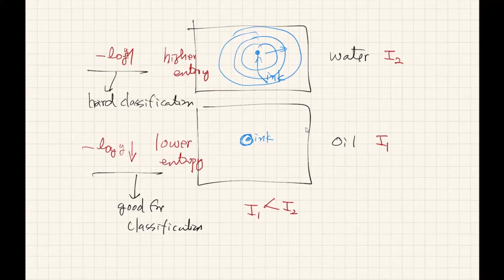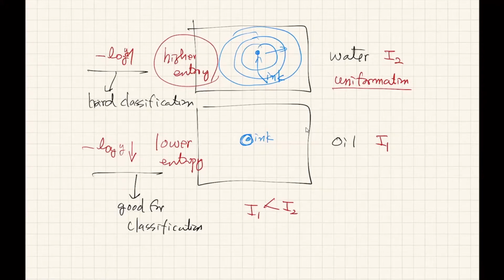Our class is not a statistics class. Our class is more about machine learning and reinforcement learning, so we cannot go very deeply into the meaning of entropy. But what I would say is that if you have a very uniform distribution like this, where you put water ink on top of water and in a minute it spreads all over your water tank, it is a very high entropy and uniform distribution.